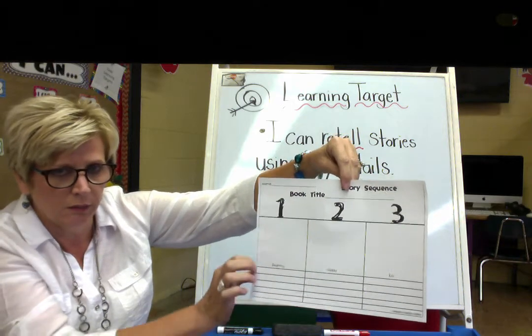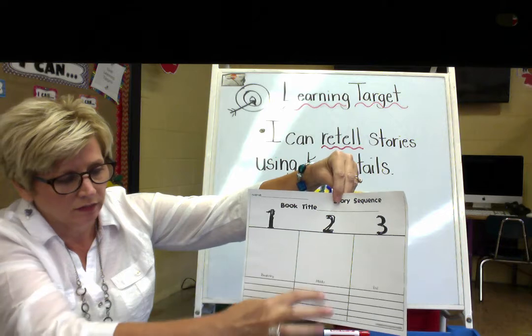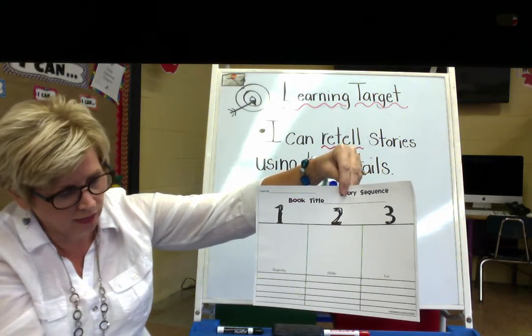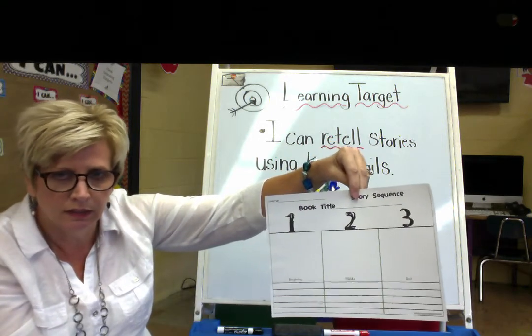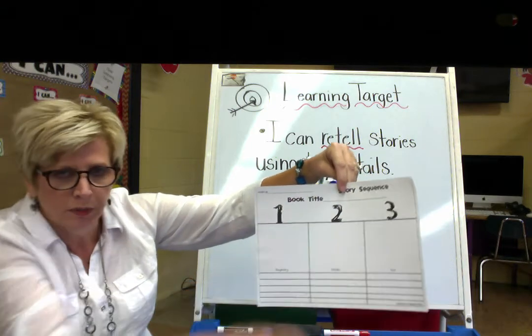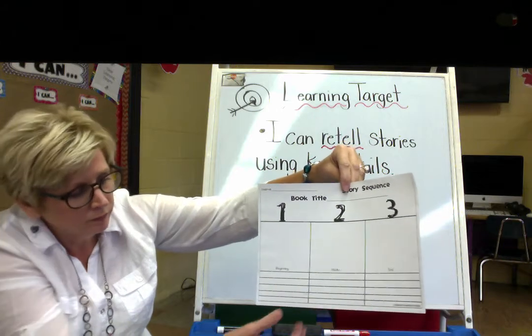And then quickly tell me about it. What happened at the beginning? A picture next, something that happened in the middle of the story. And a sentence. And something that happened at the end. Okay? And these can be just quick pics. Quickly do a quick picture.